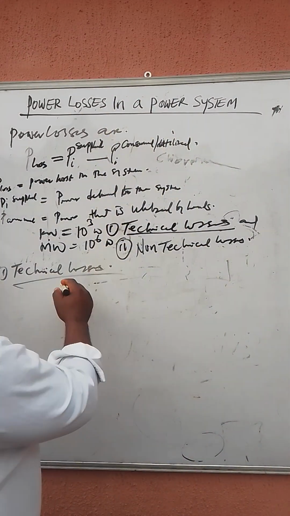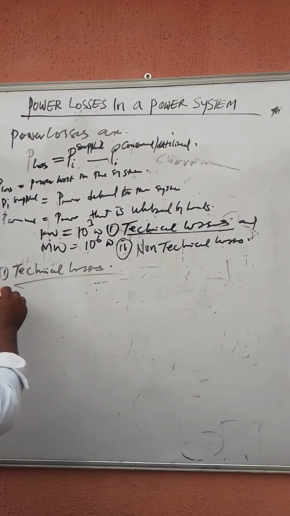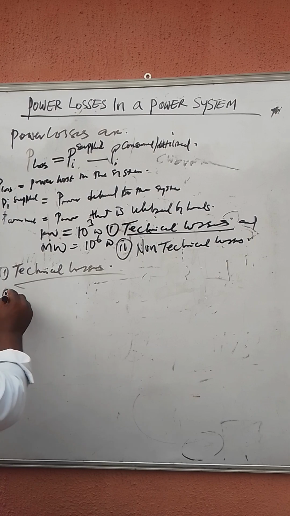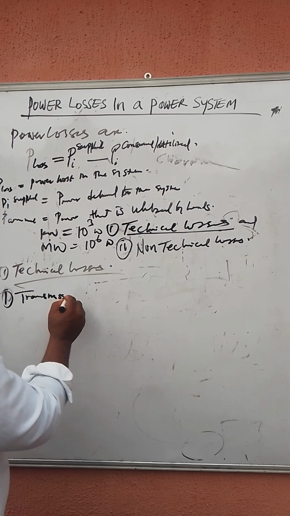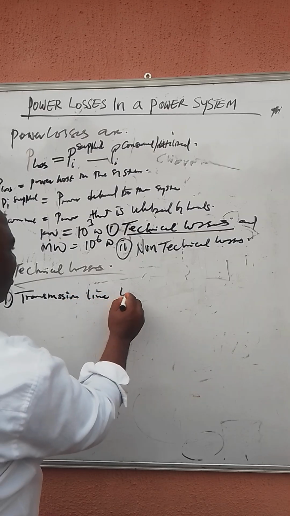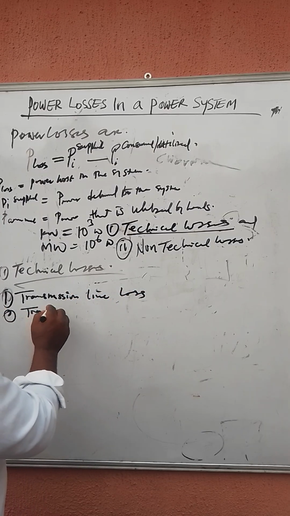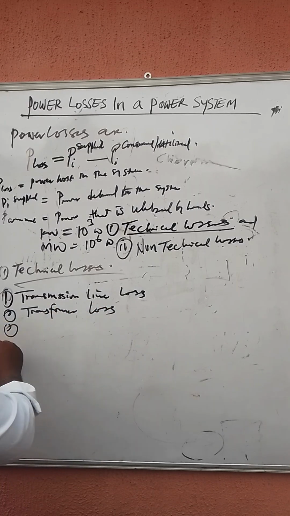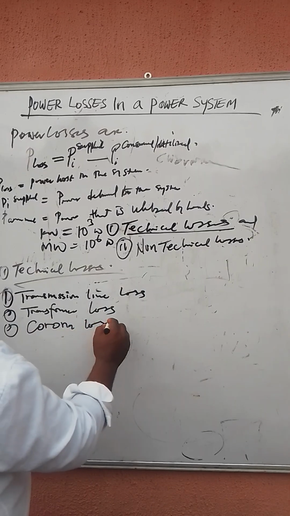And under these technical losses, we have one, transmission line loss. Two, we have transformer loss. Three, we have corona loss.